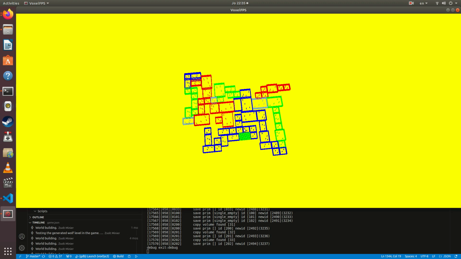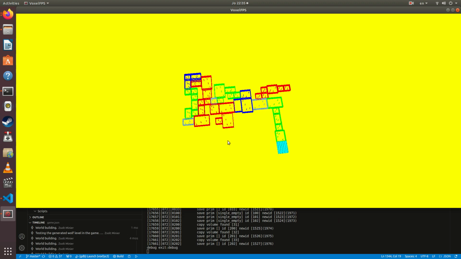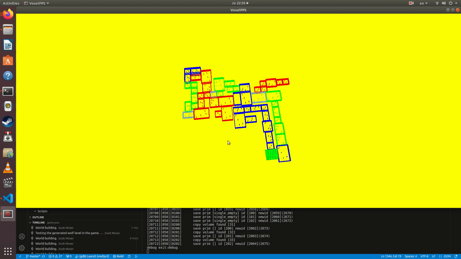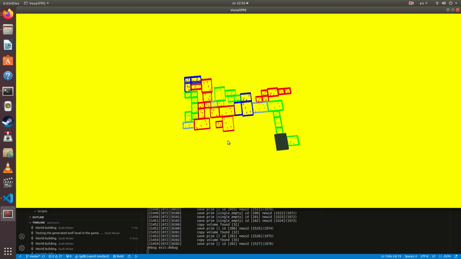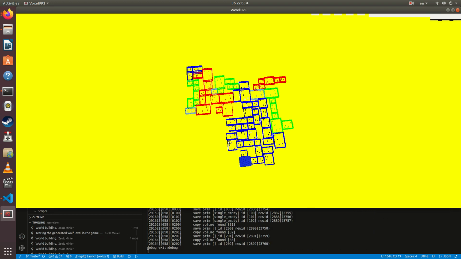And here you can see that it added a lot of blue rooms because it was kind of blocking itself, always getting further and further out, but still trying the closest.